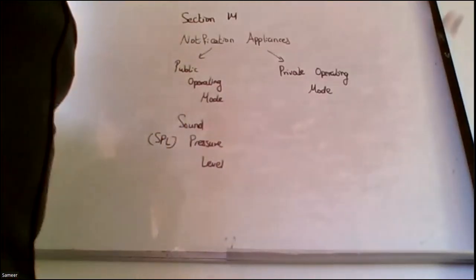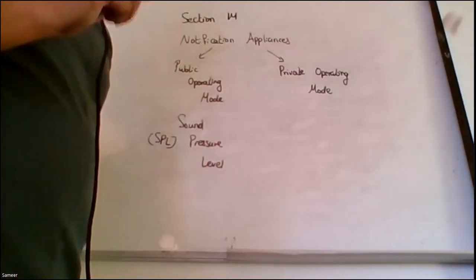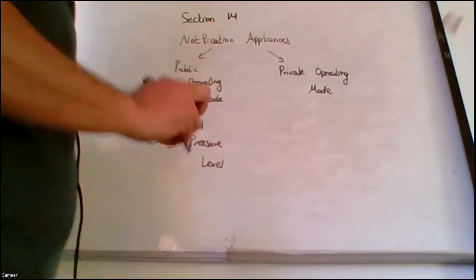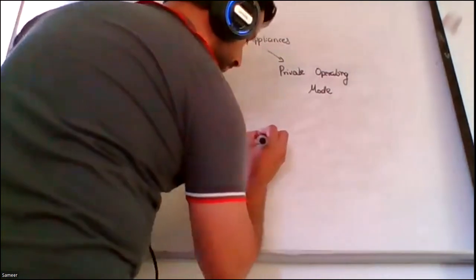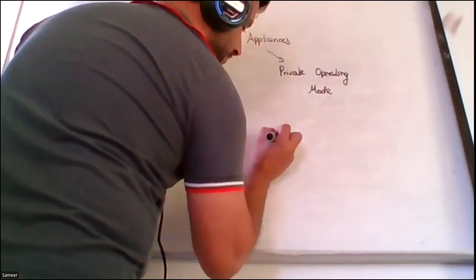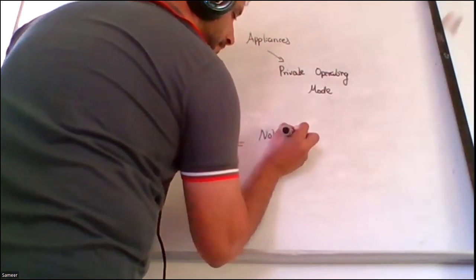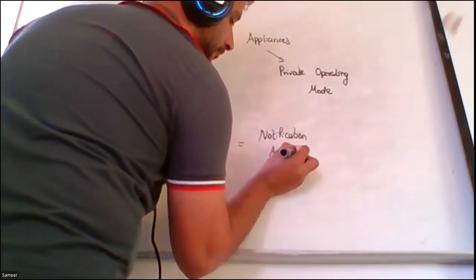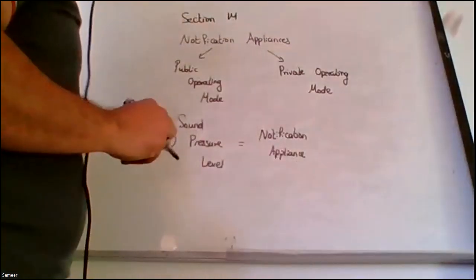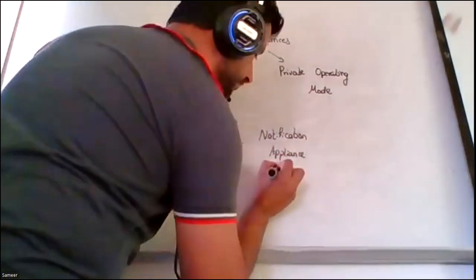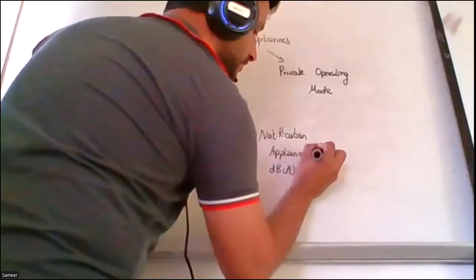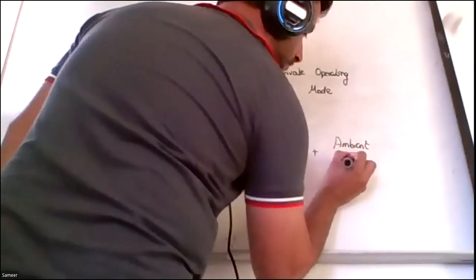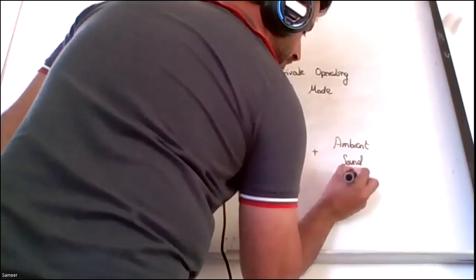Okay, whenever we have to calculate any occupancy notification device, we need to know the sound pressure level. What is the sound pressure level? Sound pressure level is equal to the notification appliance sound level, that is dBA, plus the ambient sound, that is also in dBA.